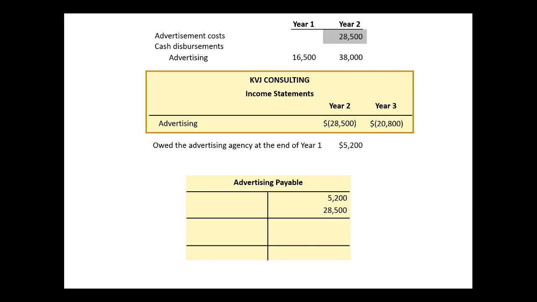We show the advertising costs of the $28,500 and then what was paid to come up with the balance in advertising payable. Then we add the amount of advertising in year three along with our disbursements for what we paid out in advertising to see we show a zero balance at the end of year three.